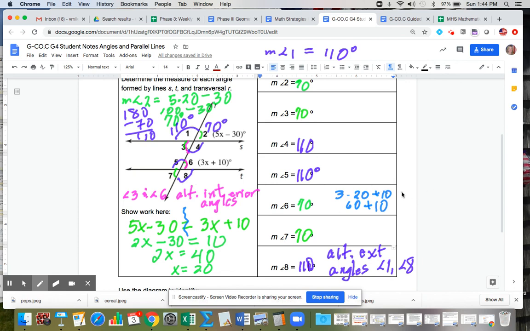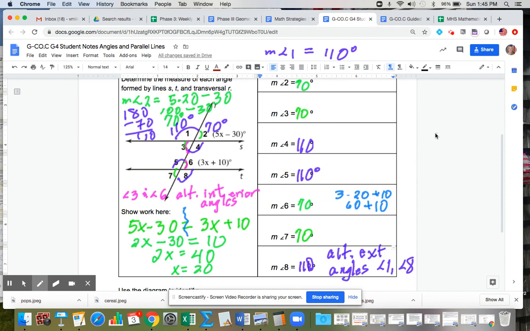So I guess what we want to think about when it comes to parallel lines and a transversal is that special pairs of angles will be formed. And in most cases, assuming you don't have a transversal that's perpendicular to these parallel lines, you will have 4 acute angles, which I've shown in green. We will have 4 obtuse angles, which I've shown in blue. And it turns out the obtuse and the acute angles will always be equal to 180 degrees when you add them together.